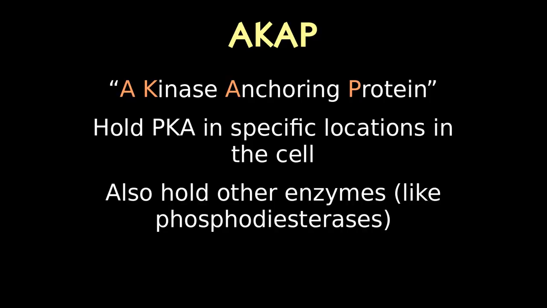And this can also hold other enzymes close to protein kinase A. I'm going to keep trying to say this wrong, so forgive me. One big one that it often holds is a thing called a phosphodiesterase. A phosphodiesterase will break down cyclic AMP.